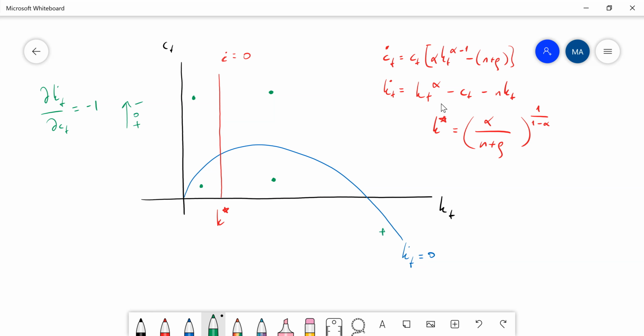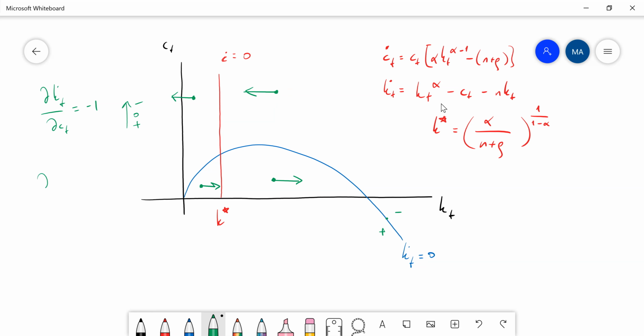So above the blue line, capital stock should be decreasing, okay? And below the blue line, it should be increasing.